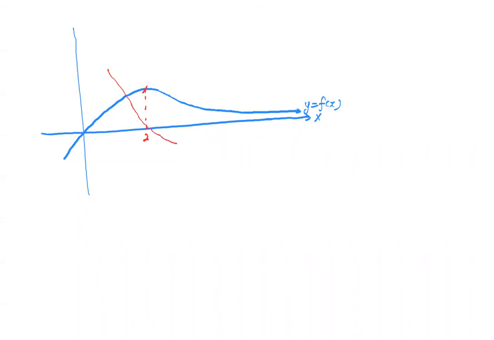Somewhere here it has a turning point and it goes like this. It happens at the value you call 4, am I right? And so this is your y equal to f'(x).